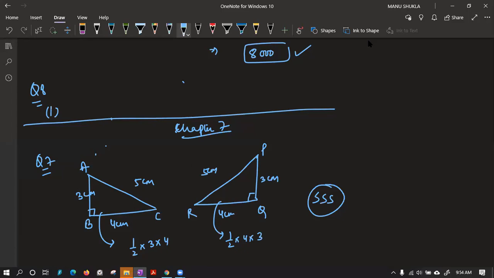Any issue? Mokshita, please tell fast. Are you able to understand that these two are having equal areas and they are congruent also? Mokshita, are you there or not? Sir, why you wrote half into something?